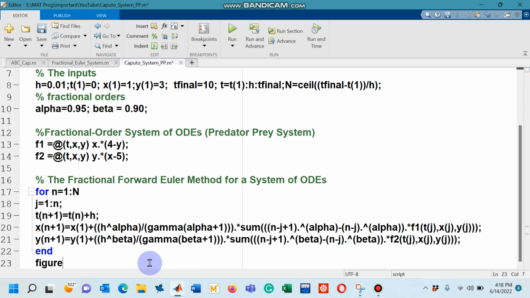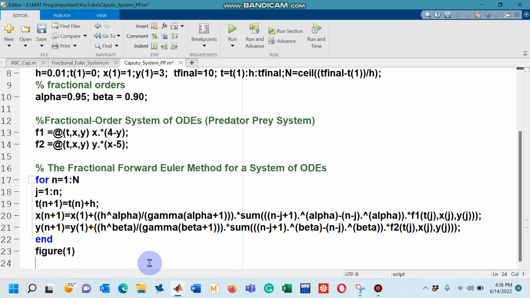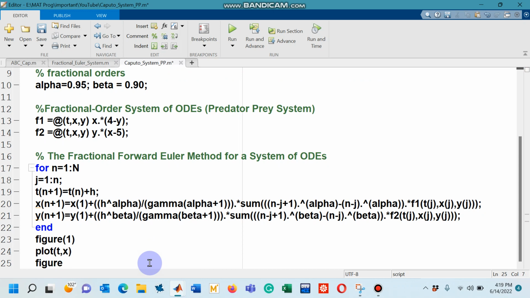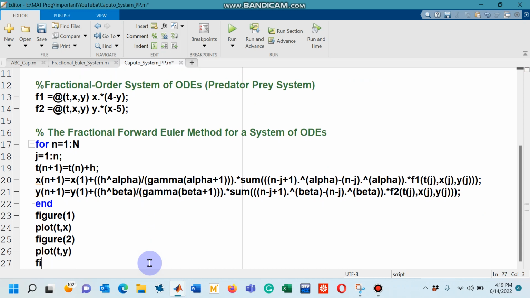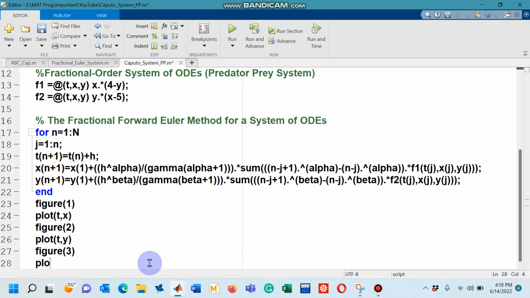So in figure 1, I'm interested in plotting the time series graph x versus t. In figure 2, let's plot y versus t. And then in figure 3, I'm going to plot a phase plane, let's say y versus x.